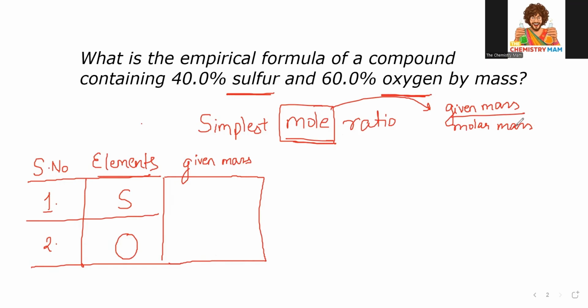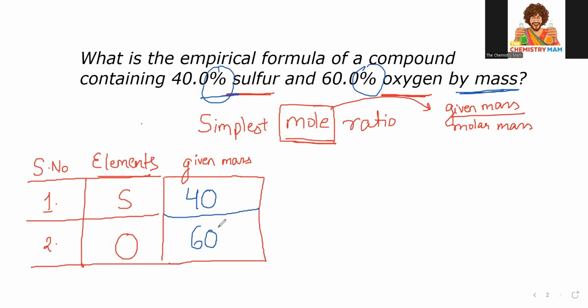Now, in the question, if you read carefully, they haven't given you masses to be precise. Instead, they have given you percentages by mass. So the best part is that in these type of questions, you have to assume the percentages as given mass. So sulfur's percentage was given to me 40%, so I'm assuming it to be 40 in terms of mass as well, and oxygen as 60.